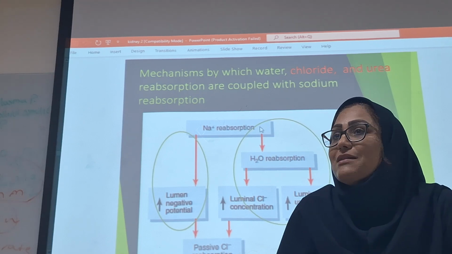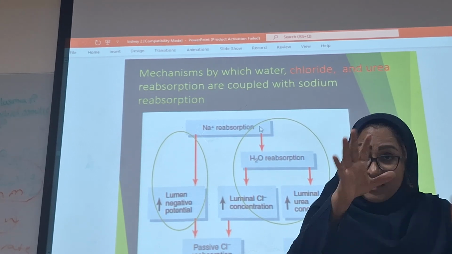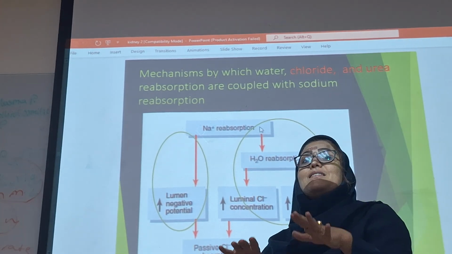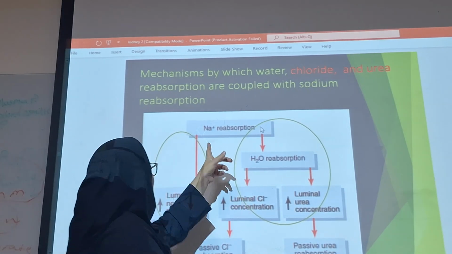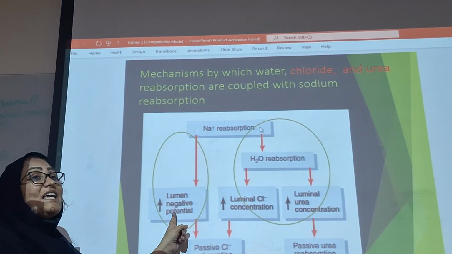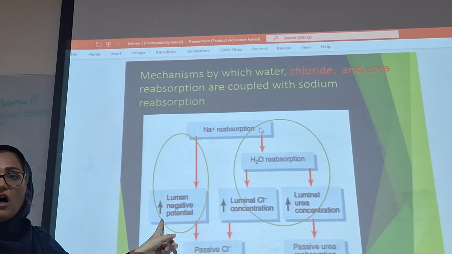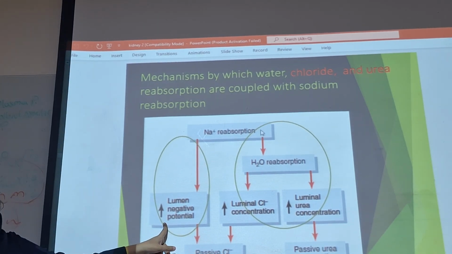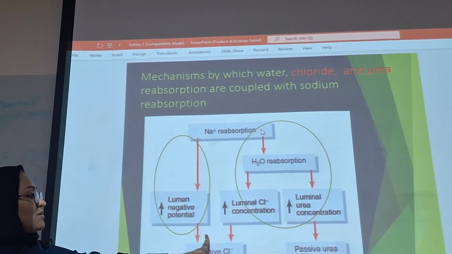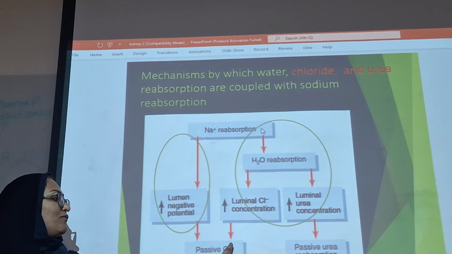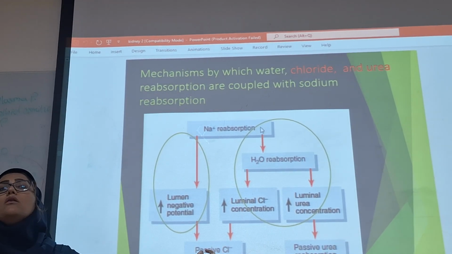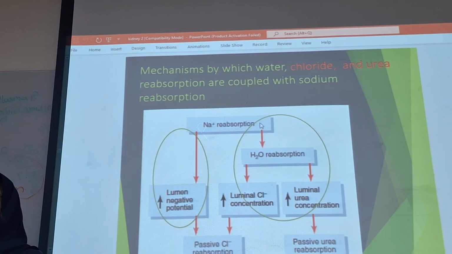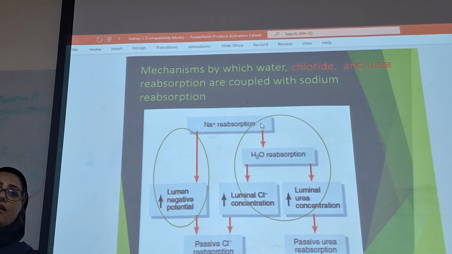It means sodium concentration in the lumen decreases. When sodium concentration decreases, luminal negativity increases, because positively charged ions are removed from the lumen. It helps passive chloride reabsorption, because a lot of negative ions, such as chloride ions, are in the lumen.